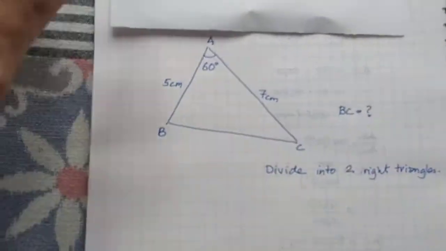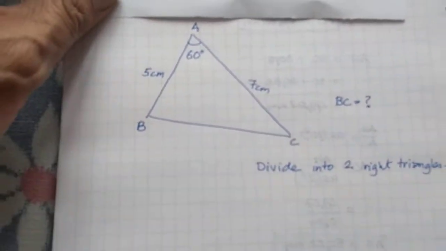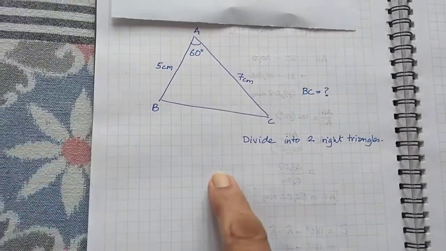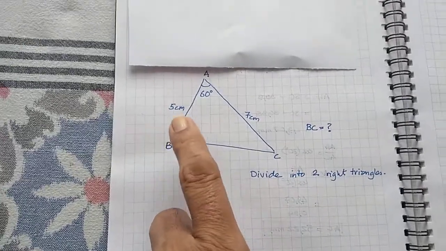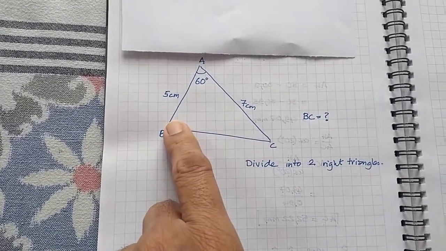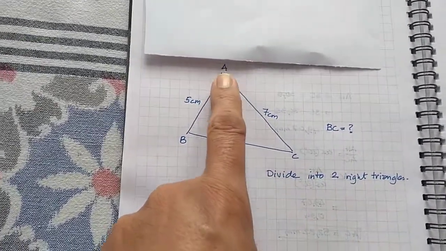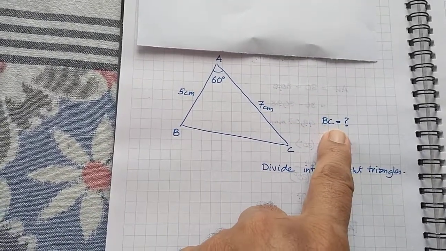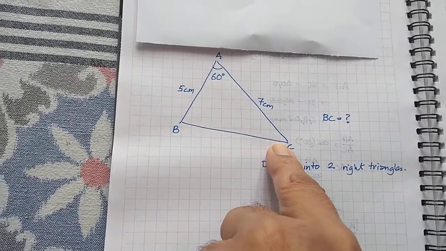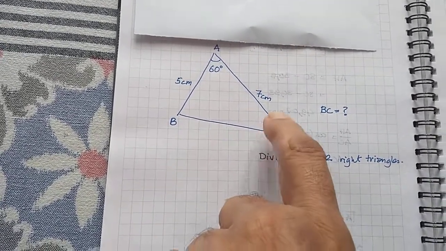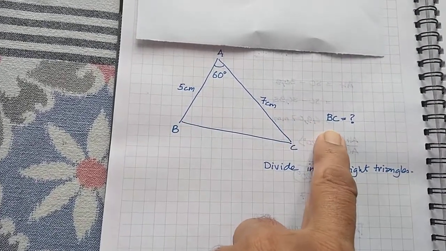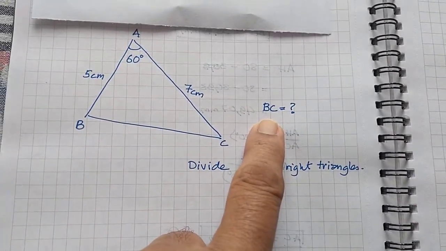Okay, so now this is what you will do at home. This is your homework. This is again a triangle that you have to solve. In the previous case I had given you one side and two angles. Now I have given you one angle and two sides, and all I ask you is what is BC. If you like, you can also calculate angle B and C, but more important is to calculate BC.